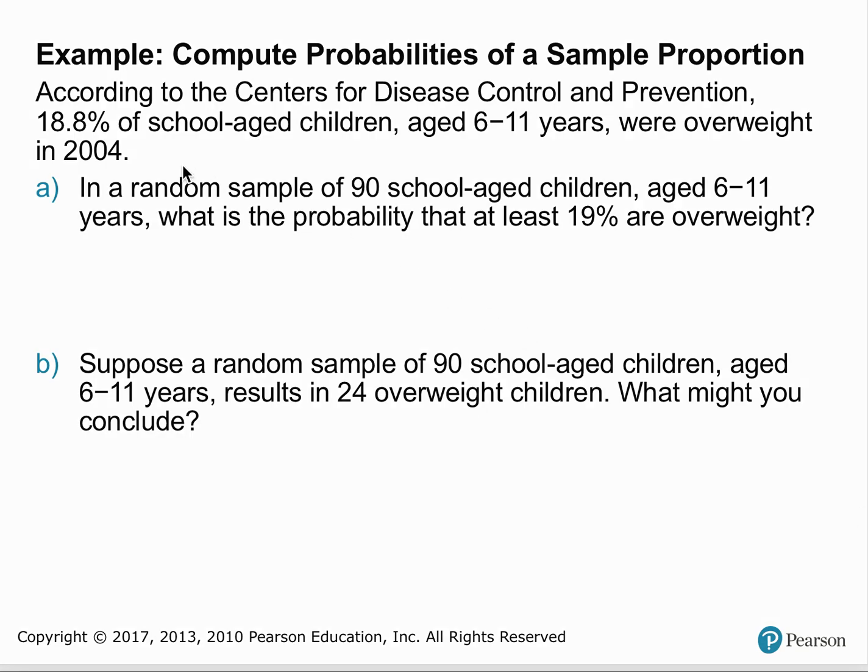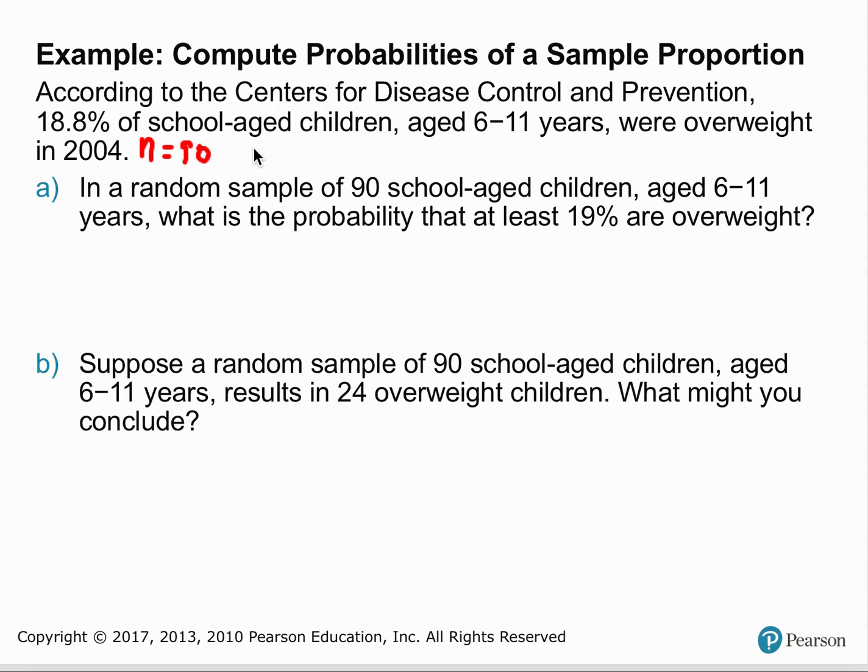First thing I want to do, here's where our n is 90. We're talking about school-age children, and I don't really know how many children that is, but once again, I know 90 is way less than 5% of all school-age children.